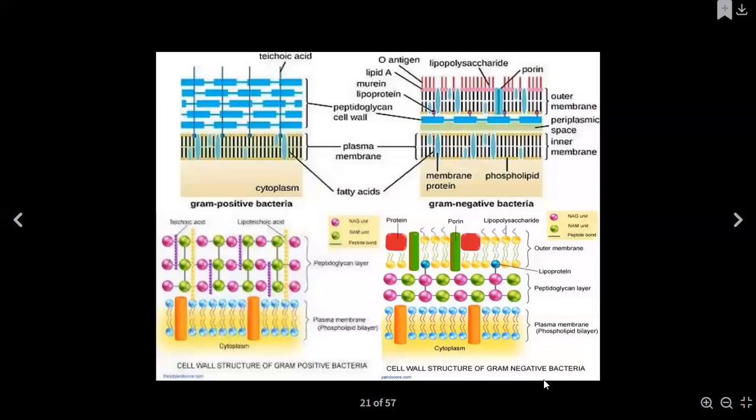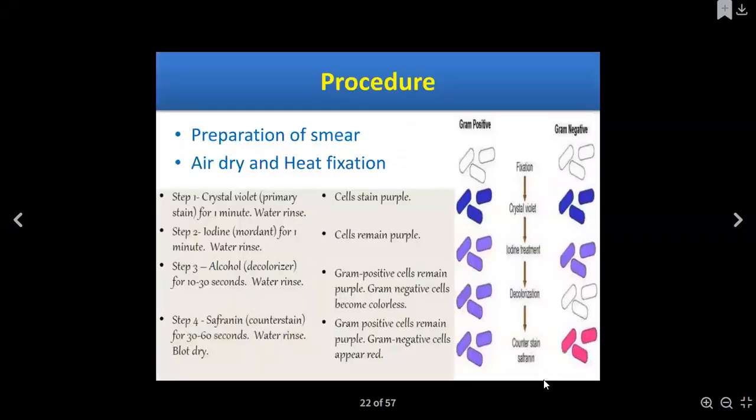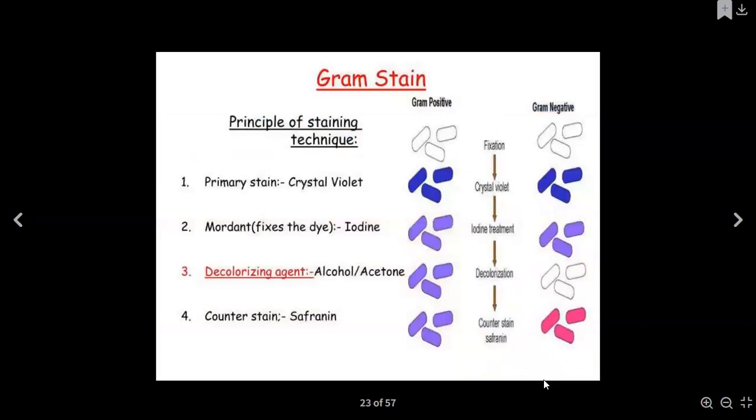Now in gram staining, even before going to the specific procedure, I just want us to know, number one, there's a primary stain, which is crystal violet. The primary stain is also called the primary dye.